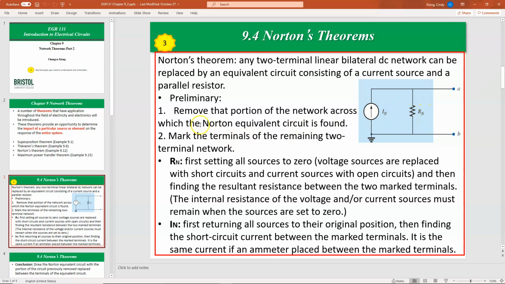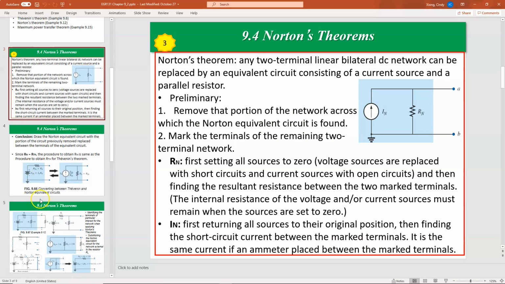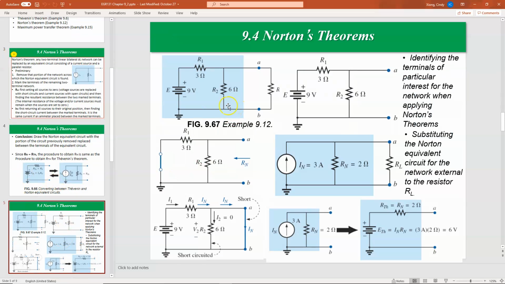This circuit just includes one current source and one parallel resistor. First, what we need to do is remove the portion of the network across which the Norton equivalent circuit is found. If we look at the example we have here, we want to find the Norton equivalent circuit for the circuit inside the blue box.